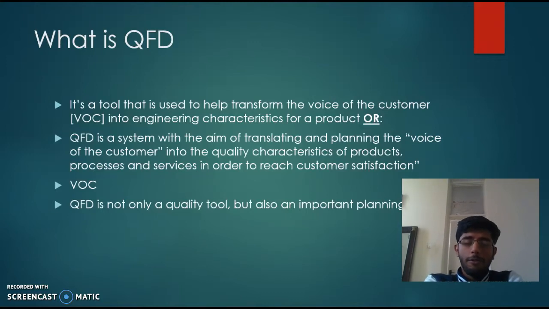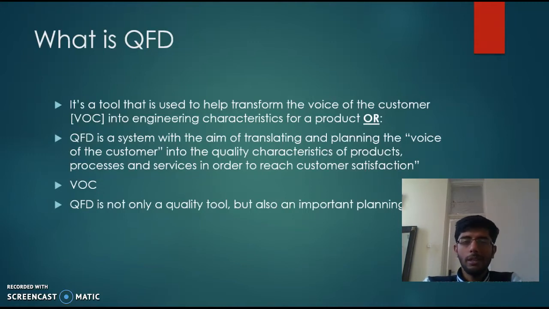So to understand this definition, first we need to understand what voice of customer is. Voice of customer is the level of satisfaction that is measured by different processes. It's the level of satisfaction that customers need from any product or service.